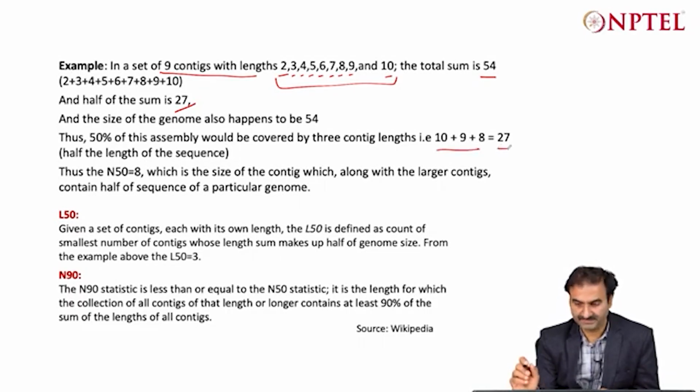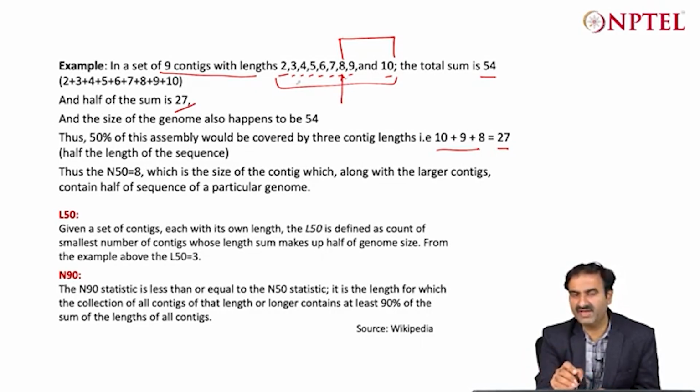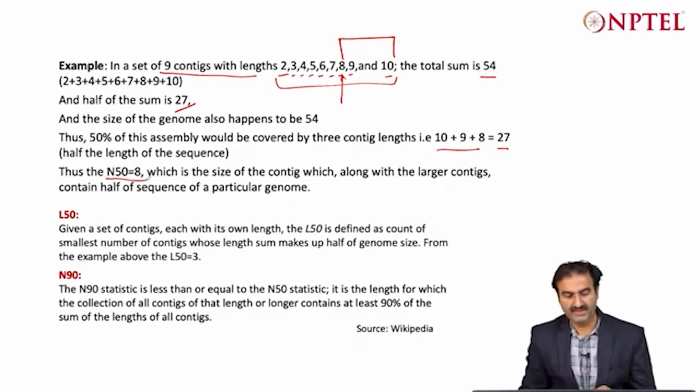That means at this point I can say that these 3 contribute to 50% of the total assembly that I have done. So this will be my N50, which is 8 in this case. The left side represents the shorter contigs and the right side represents the longer contigs. So N50 in this case is 8.